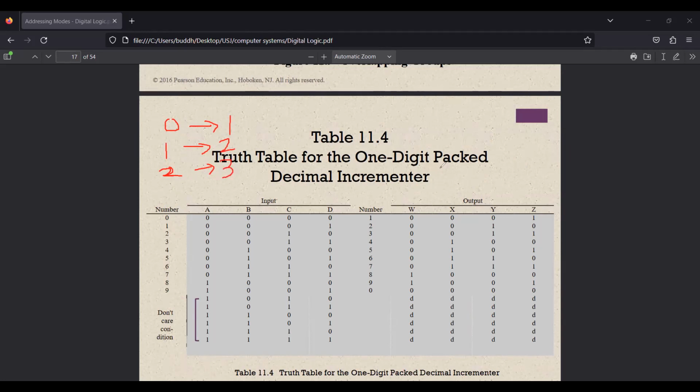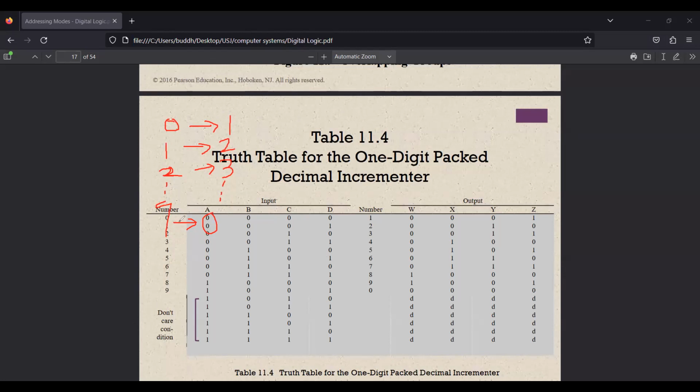That is the one digit BCD decimal increment. So up to number 9, what should it represent? It should represent number 0. After 9, we need to go back to the beginning. So the beginning is 0, right?